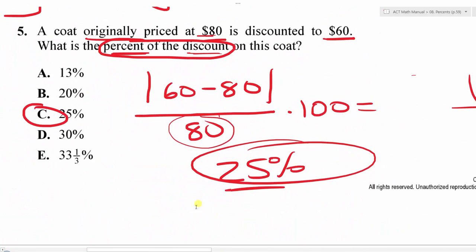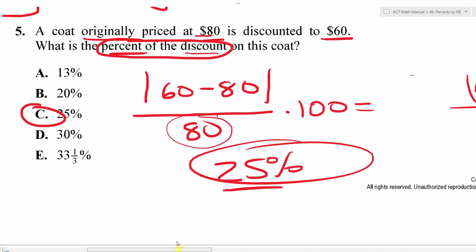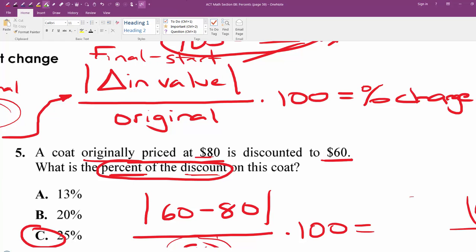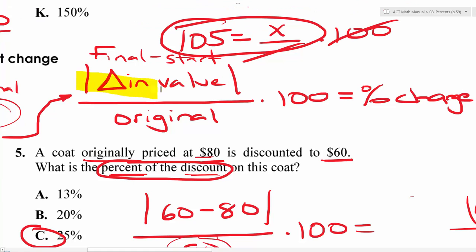So you do have to be very careful about memorizing this equation. I'm going to go ahead and highlight this equation. This is an important equation. It is not going to be given to you on the test, which means you should have it memorized.